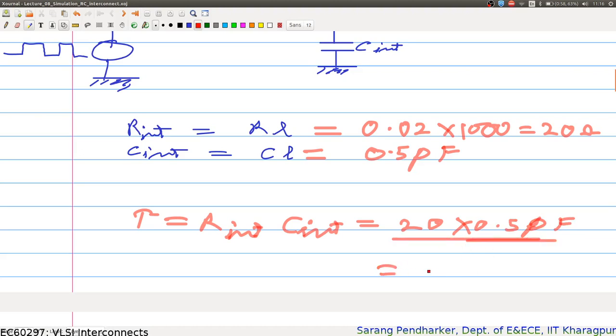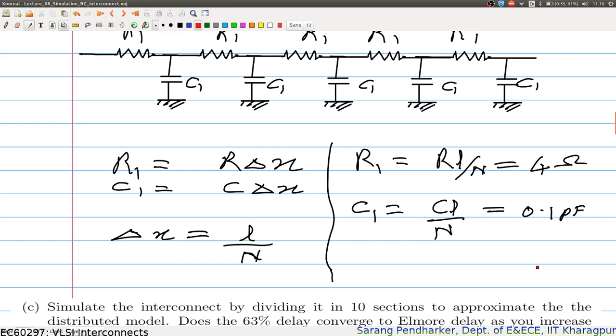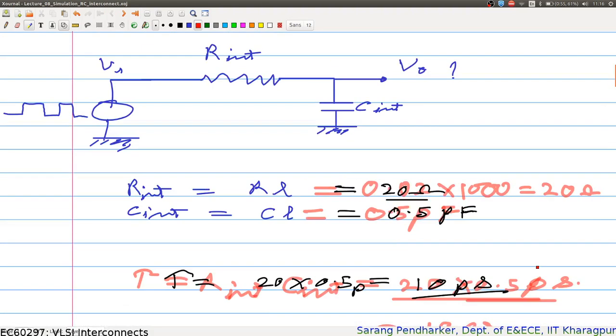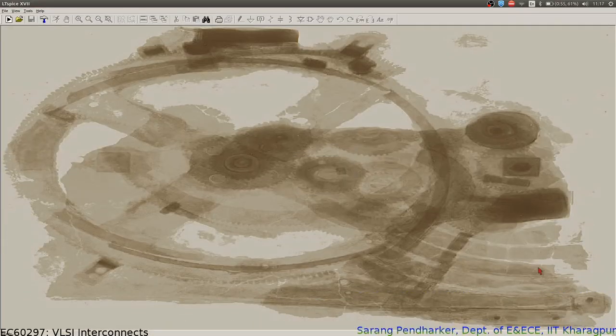So this is equal to how much? Sorry, not picofarad, here it will be picosecond. Now your delay is how much? 10 picoseconds, right? So let us create a circuit and see.